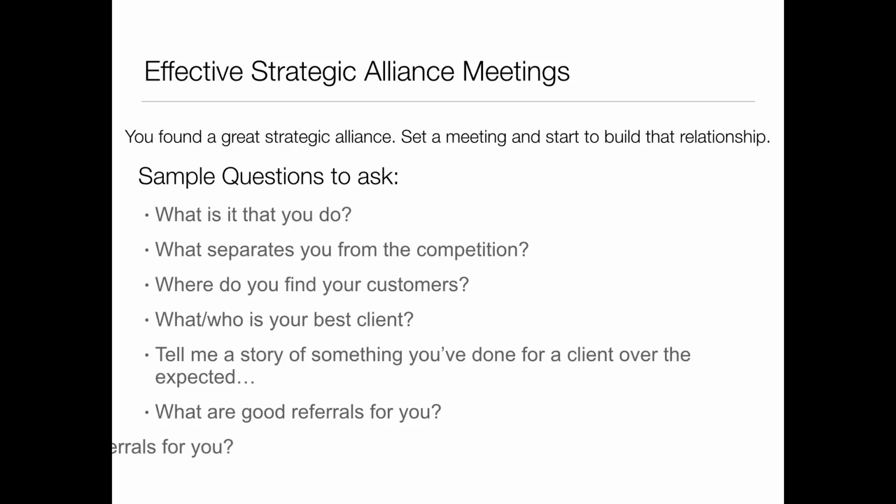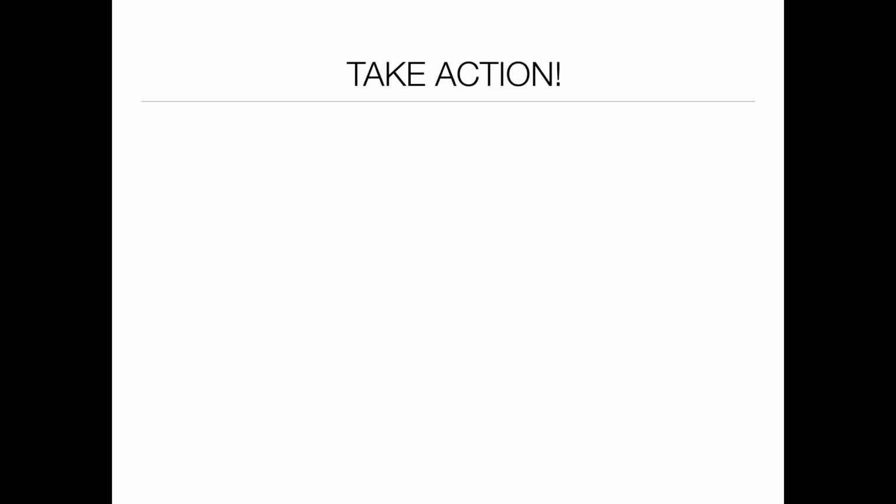It's easier for someone to remember a story of something that you did over and above, and it's easier for them to explain that to somebody else to give a good referral for you. So that's a really good way of asking them for a story so you can give that to somebody else, and what they see is a good referral for them. And these are the same things you want to tell them when it becomes your turn. So that's what this strategic alliance meeting is about.